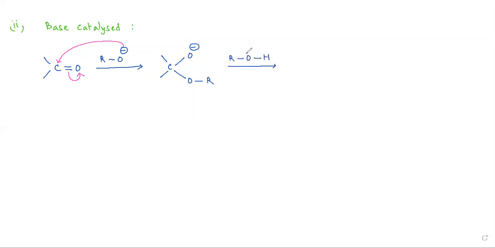On further reaction with alcohol, proton is abstracted and this will go towards the oxygen. That is how we get a hemiacetal or hemiketal.